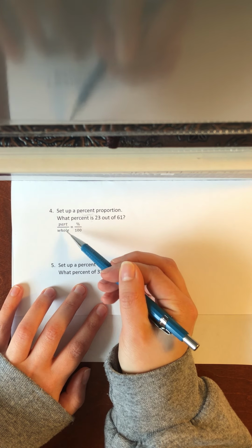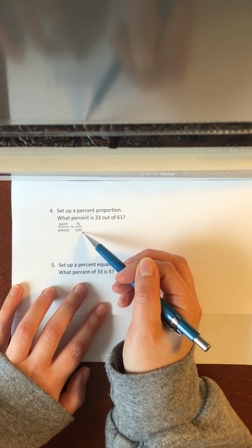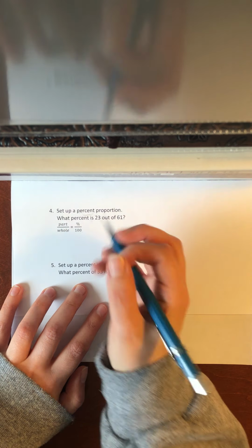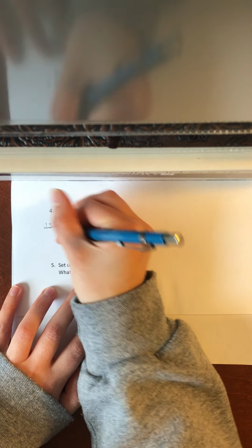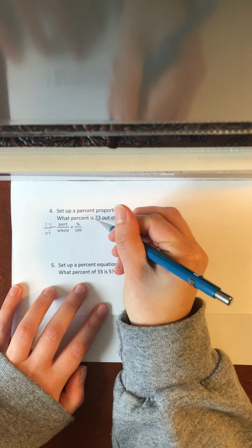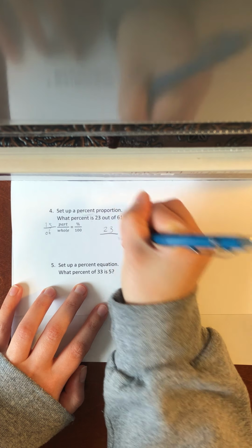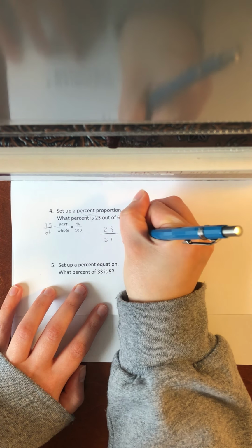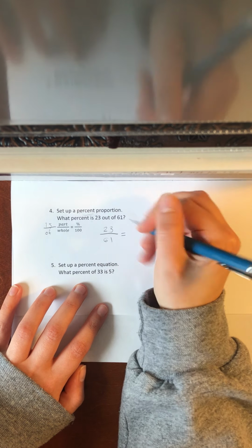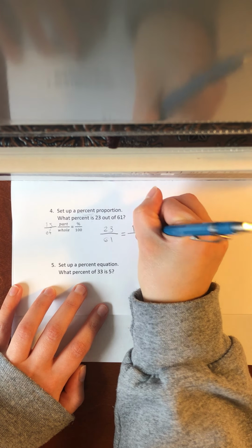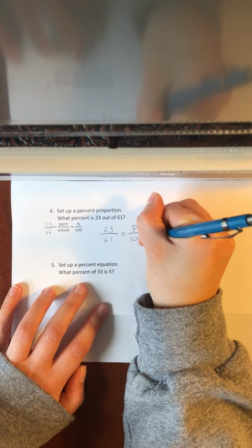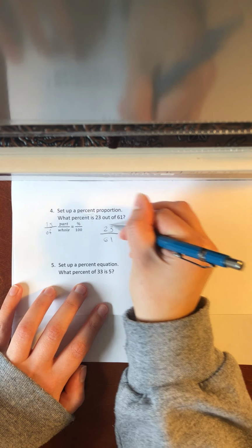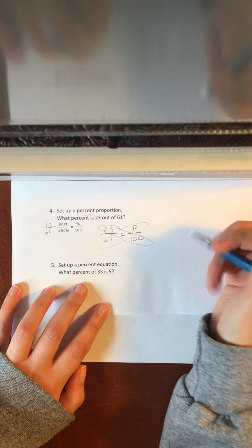So remember, it's part over whole equals percent over 100. So the part is your is, and then the whole is your of, okay? So is over of equals percent. We don't know the percent, so we're going to call it P over 100. Then we're going to do our cross products.